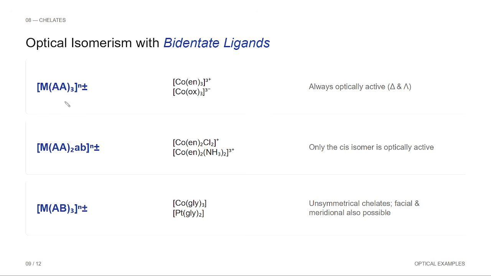These are all bidentate ligands; AA is a symmetrical ligand and AB is an unsymmetrical ligand. See the examples of MAA3, MAA2AB and MAB3 types. These examples are most important. First remember these examples, then you can easily identify which type these compounds will show.